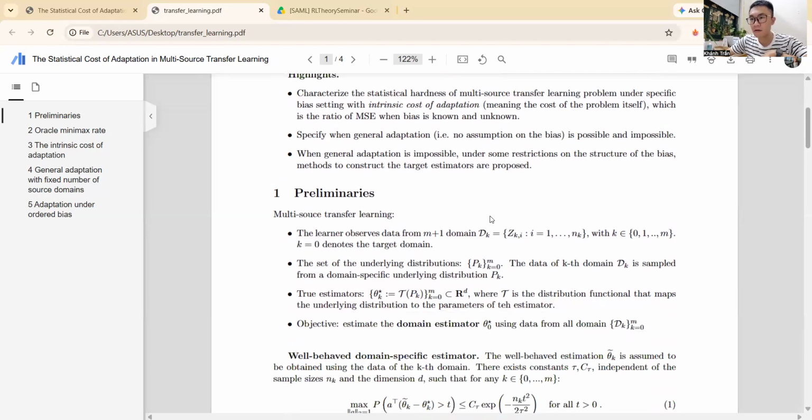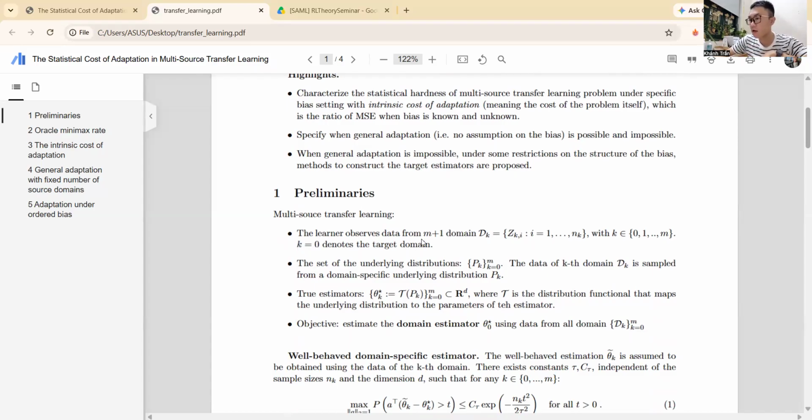Okay, so let's start with some basic notation. For multi-source transfer learning, we have multiple domains, n plus one of them. The first domain, k equal to 0, is the target domain that we would like to estimate the parameter for.